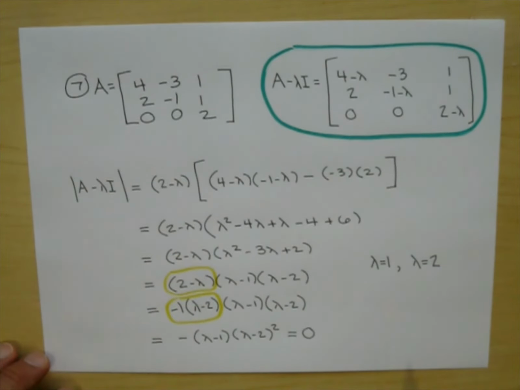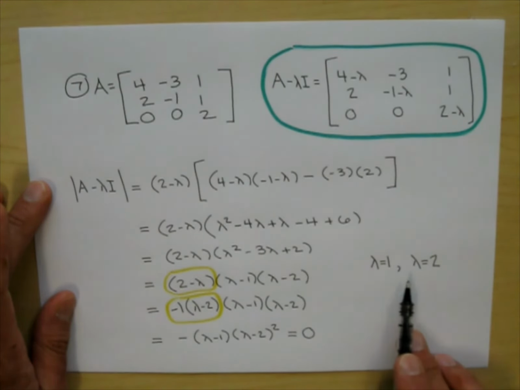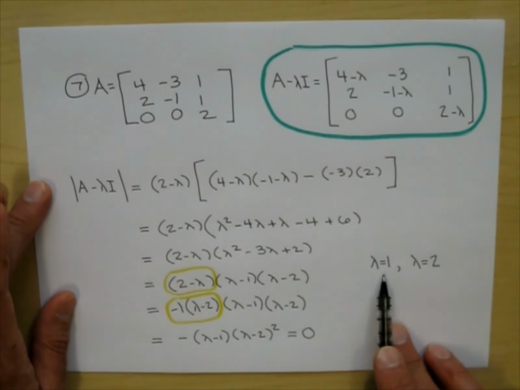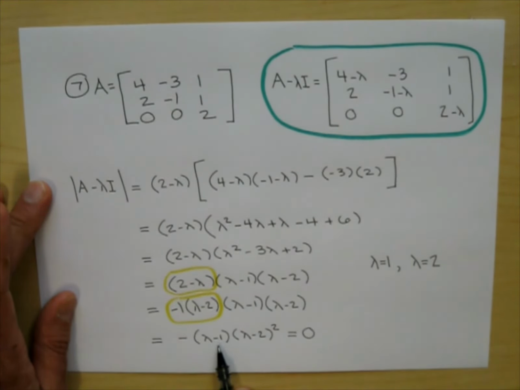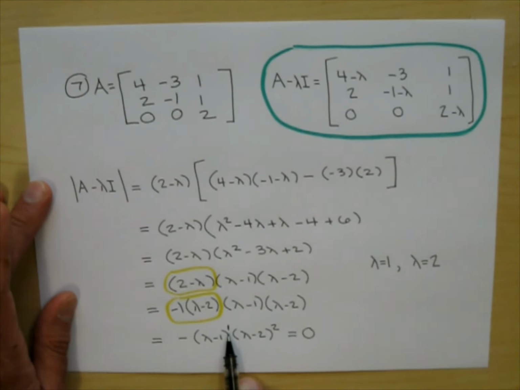Okay. A new definition, and we'll see this on the definition sheet later, is that these guys have multiplicities. This guy has a multiplicity of 1 because there is just a 1 there. So that's where that multiplicity comes from. And then this guy, 2, has a multiplicity of 2 because there's a squared there.